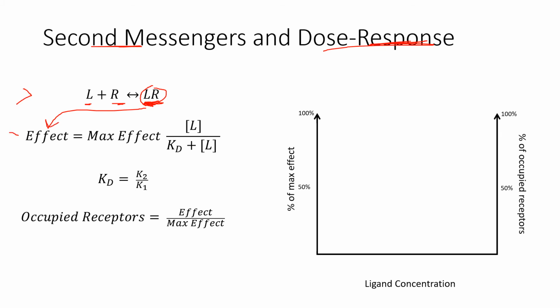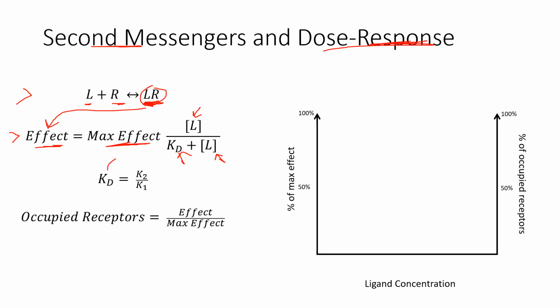The second equation is that the observed effect is proportional to the max effect, and this proportion is dependent on the ligand concentration as well as the affinity of the ligand to the receptor. And this affinity is also how easily the ligand falls off the receptor.